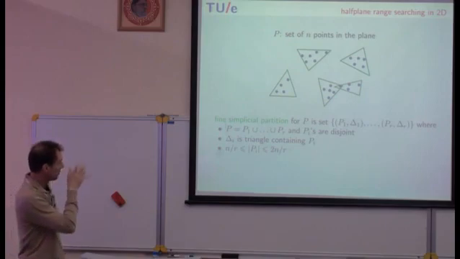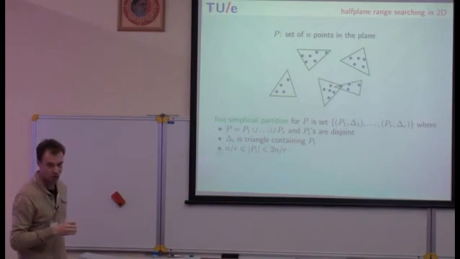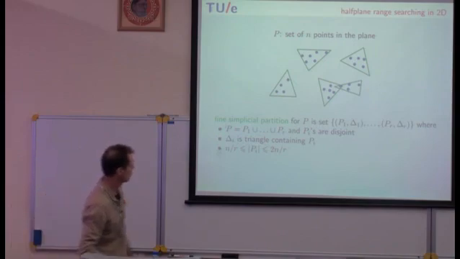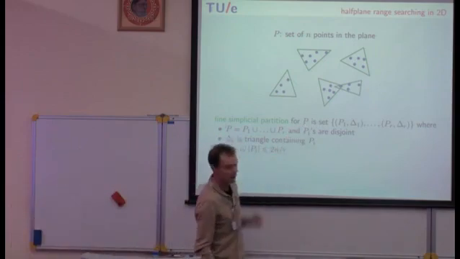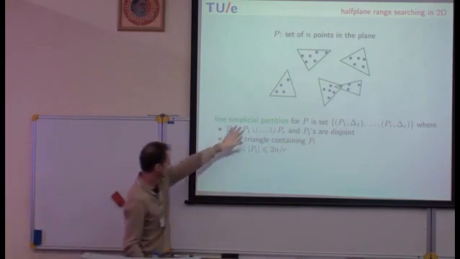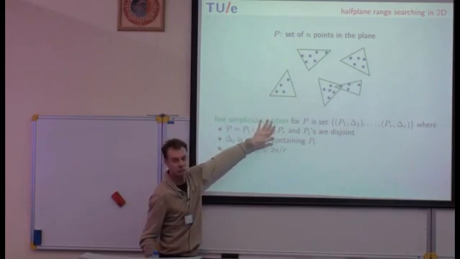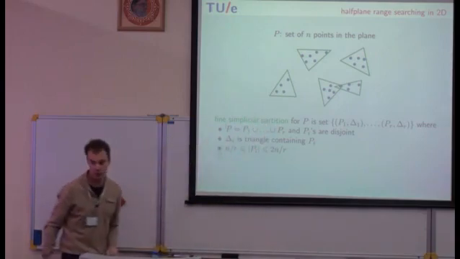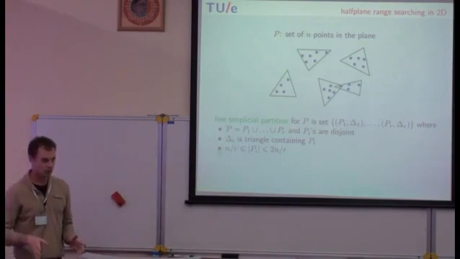So here's the basic concept or the basic tool that we're going to need. You have a set of points, and now what we want to have is what is called a simplicial partition. And actually the particular conditions here, it's called a fine simplicial partition. So what is it?